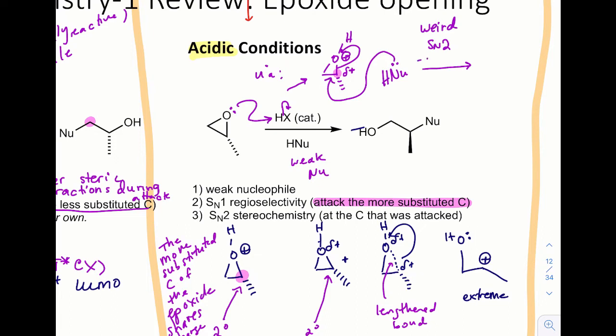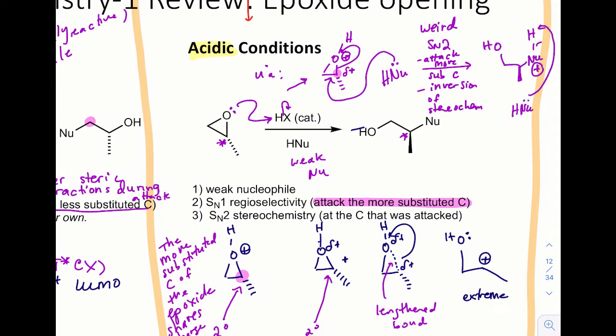So weird SN2 attacks more substituted carbon, but because it is an SN2, there is inversion of stereochemistry. So S to R or R to S configurations. We can see that happening at the stereocenter because of this SN2 attack there. In our generic mechanism here, the species that results from the attack would be protonated, look like this, and then simply whatever the base in solution will just deprotonate to generate the neutral product.